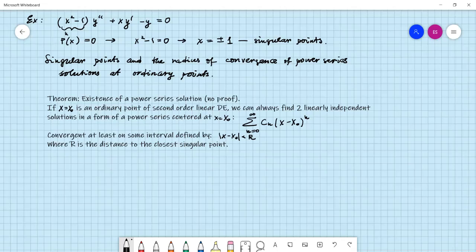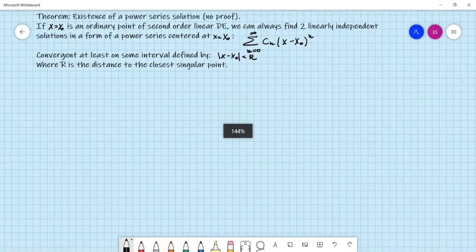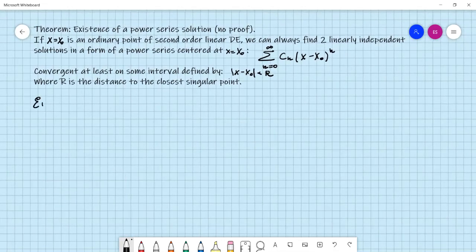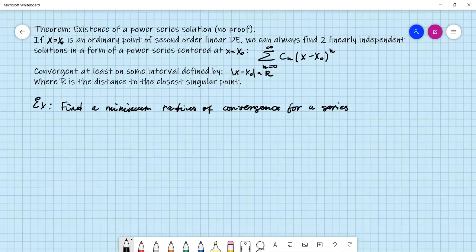Okay, I'm going to consider maybe one or two examples of doing this. So example, I'm going to write it down. Find the minimum radius of convergence for a series solution at x equals 0.